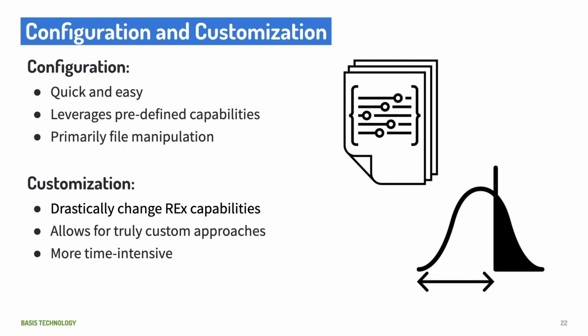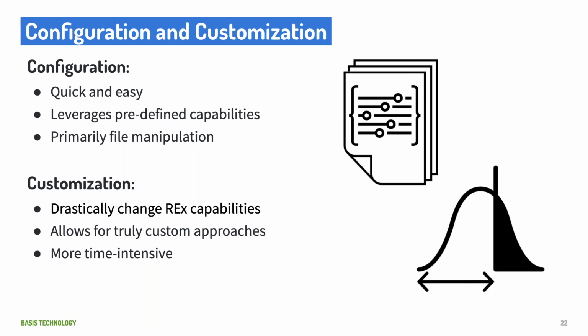Configuration is designed to be quick and easy. You're essentially going to be leveraging the knobs and the levers that we built into the tool to go in there and make changes. This is actually mostly file manipulation, which means that it doesn't require a large amount of technical skill or technical ability to get in and affect the way matches are made. So that's A, configuration, quick and easy changes.